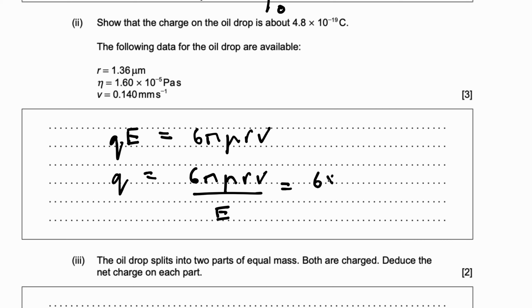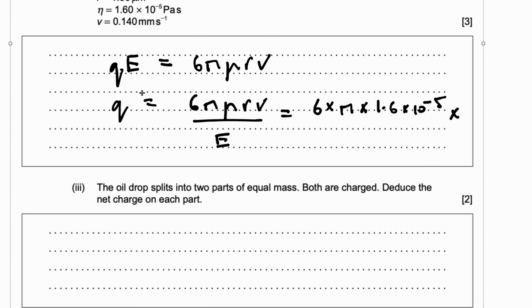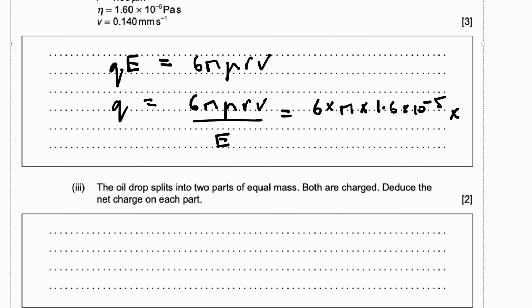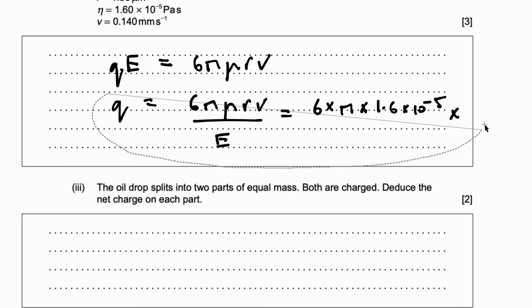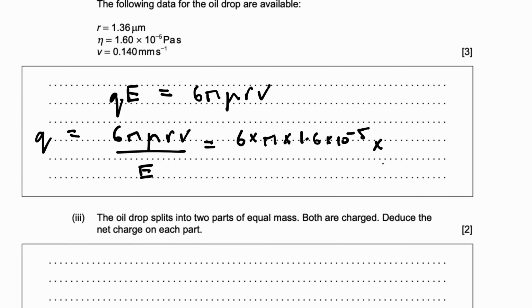I get 6 times pi times eta, which is 1.6 times 10 to the power of negative 5, times the radius, which is 1.36 micrometer.